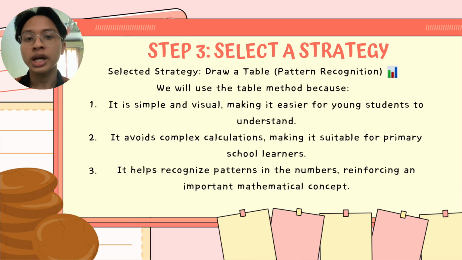The strategy that I use is draw a table, which is still under pattern recognition. We will use the table method because, first, it is simple and visual, making it easier for a young student to understand. Second, it avoids complex calculation, making it suitable for primary school learners. Third, it helps recognize patterns in the numbers, reinforcing an important mathematical concept.